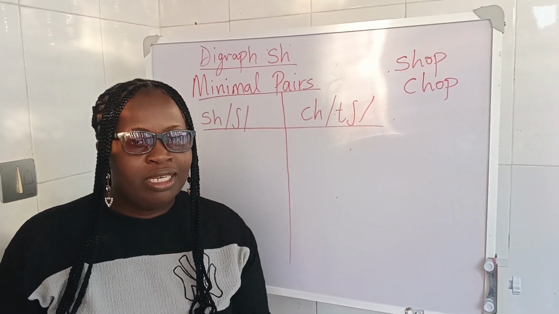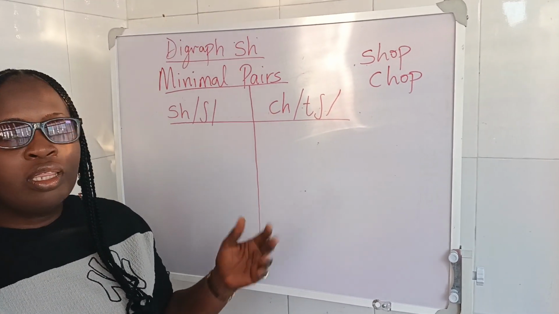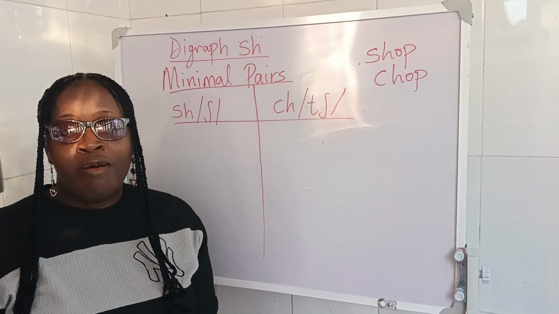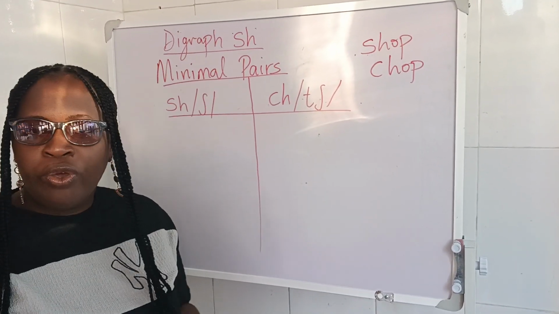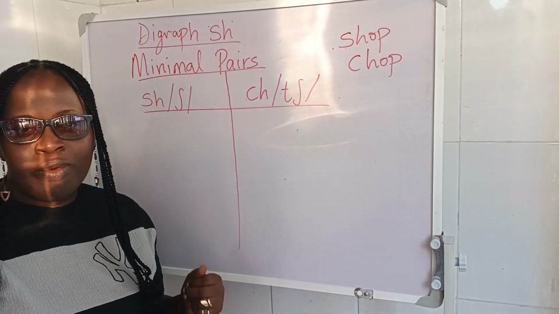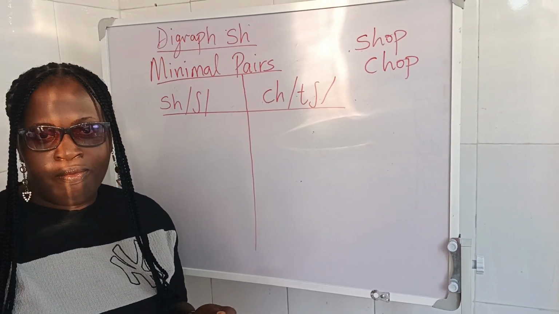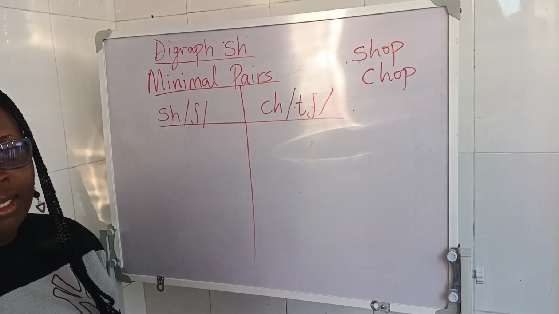At times, it might not really be their fault. It could be what? Mother tongue interference. That is why we are doing minimal pairs for these two sounds, for us to be able to differentiate them and for it to also give us meaning.